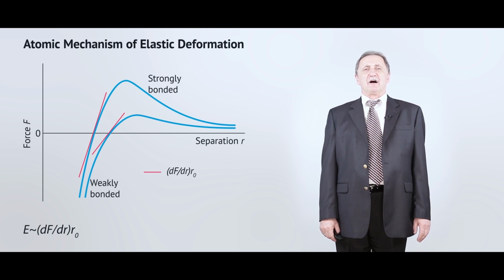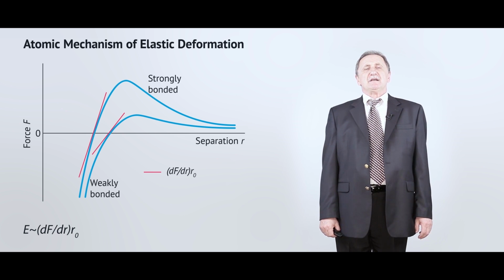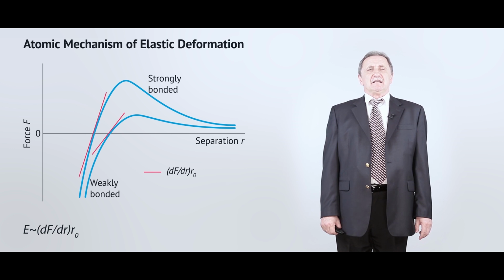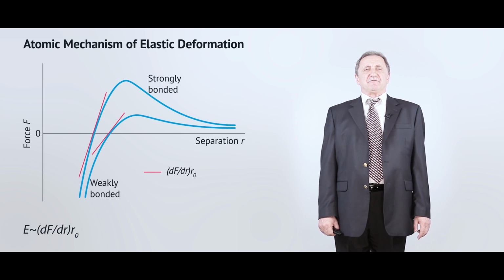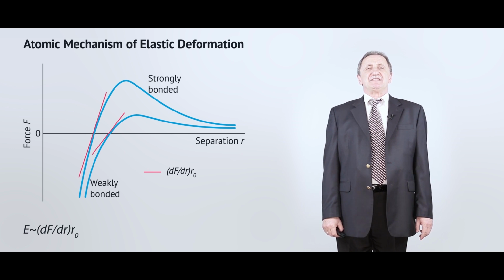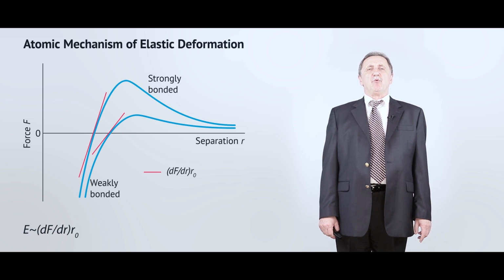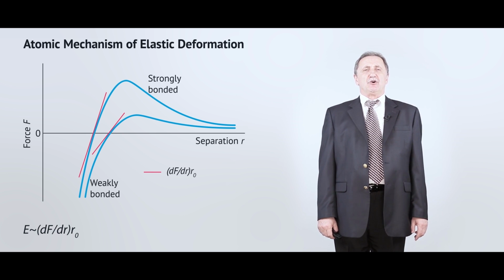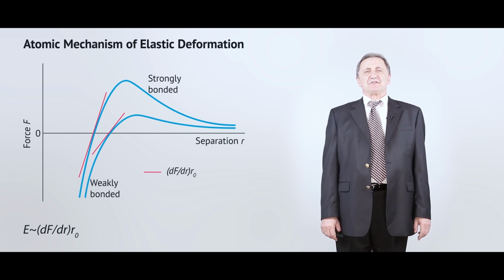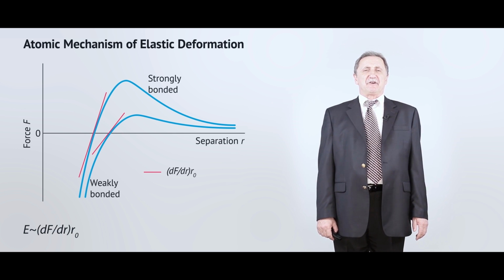When we start to apply the load, the stiffness of the bond will be proportional to the derivative of the force at the point R equals R0. The larger the derivative, the more the stronger material will resist this kind of elastic deformation.